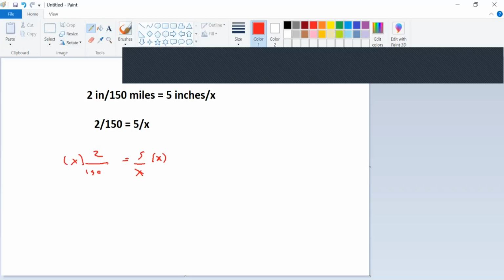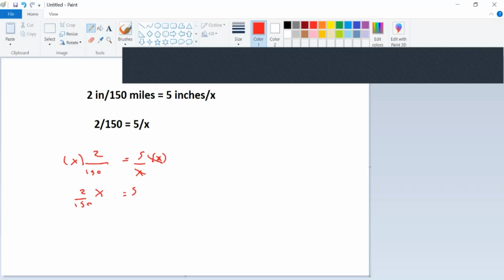When I do that, that goes away. Now I've got x on this side, so now I've got 2 over 150 x is equal to 5, right? All I've done is I cross multiplied with the x. I put the x on top here, and I got rid of the x on that side.